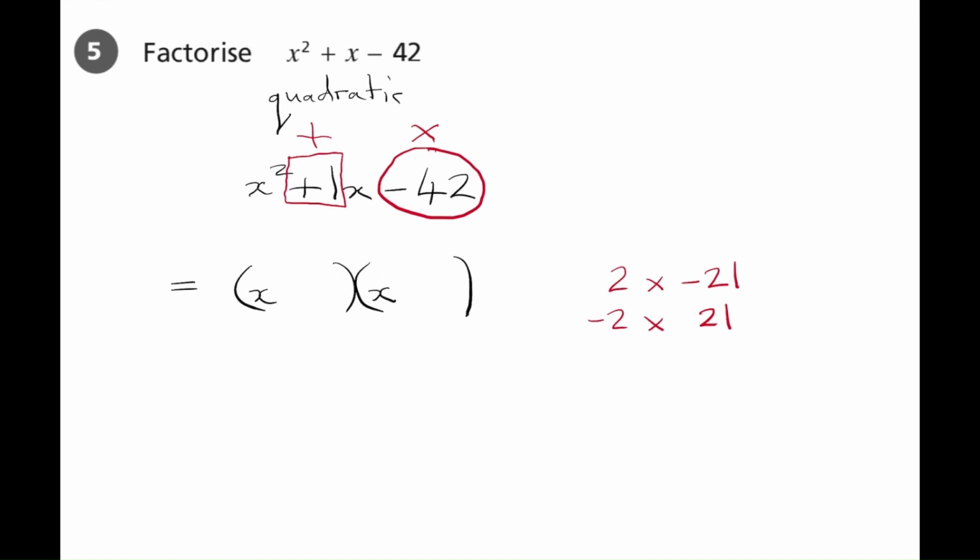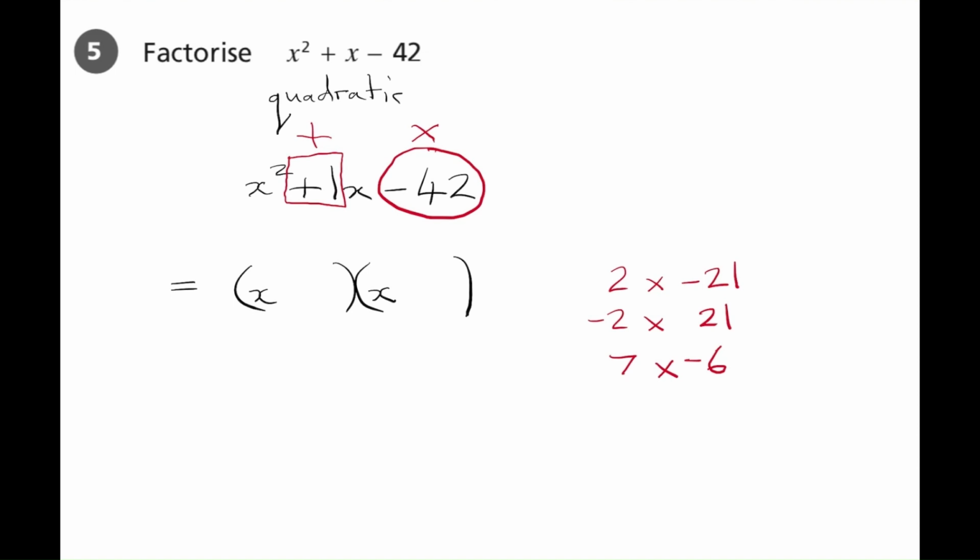An obvious pair of numbers that will make 42 would be 7 and 6. One of them must be a negative, because we need to get negative 42. So we can try 7 multiplied by negative 6, which gives us negative 42.